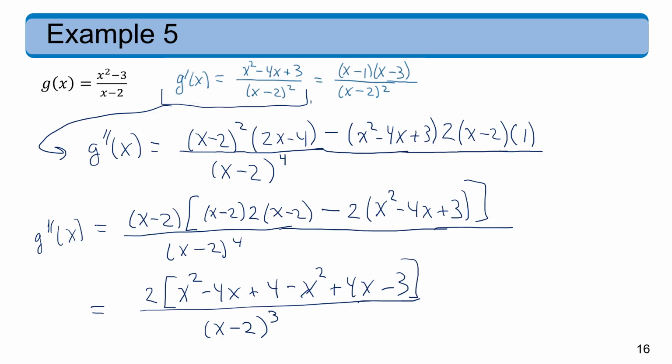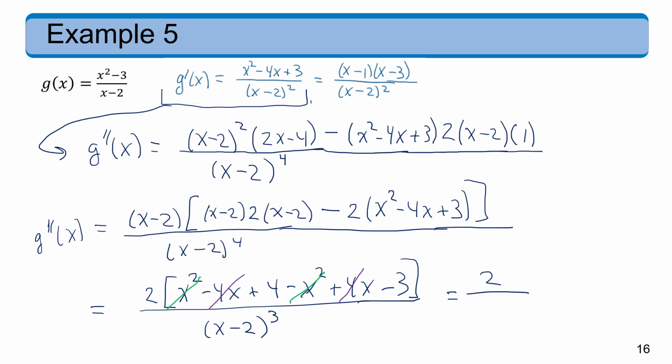Now I'm going to look at combining like terms. Notice I have x squared minus x squared. Those cancel. Then I've got minus 4x plus 4x. Those cancel. So all that's left in the brackets is 4 minus 3, which is 1. And then there's a 2 out in front, so the numerator is simplified really nicely to just the number 2.